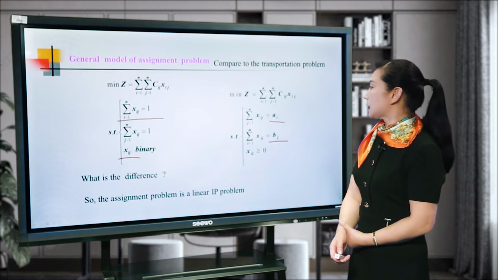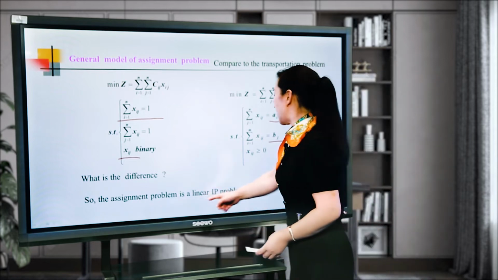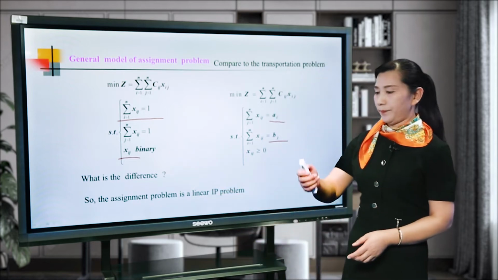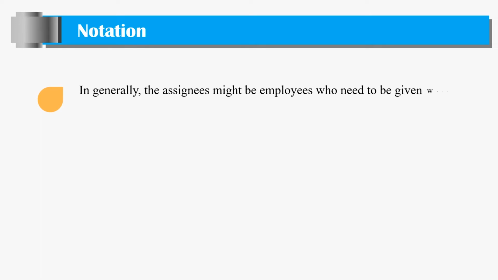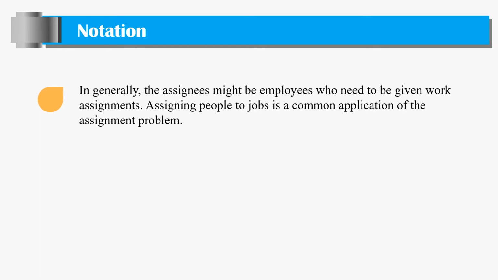So we notice that the assignment problem is a linear IP problem. Notation. In general, the assignees might be employees who need to be given work assignments. Assigning people to jobs is a common application of the assignment problem.